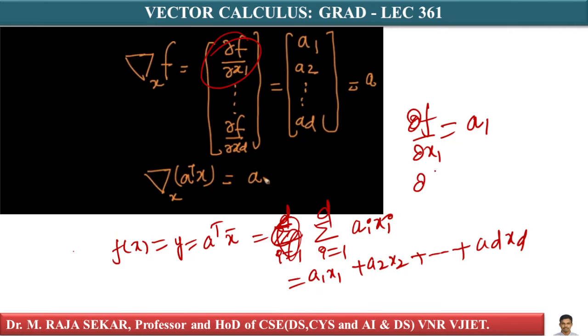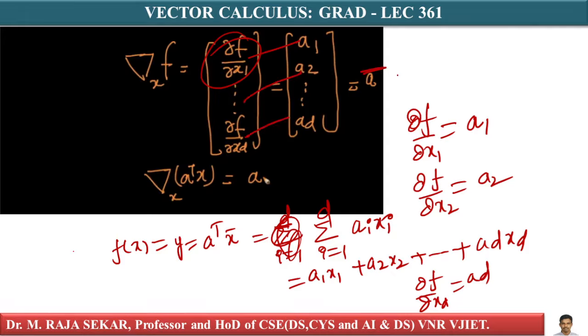In a similar manner, what is my dou f by dou x2? It is a2. And so on. What is my dou f by dou xd? That is ad. Therefore, I will get dou f by dou x1 equal to a1, dou f by dou x2 equal to a2, dou f by dou xd equal to ad.